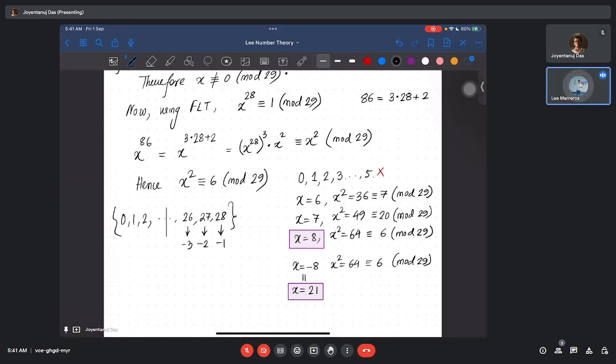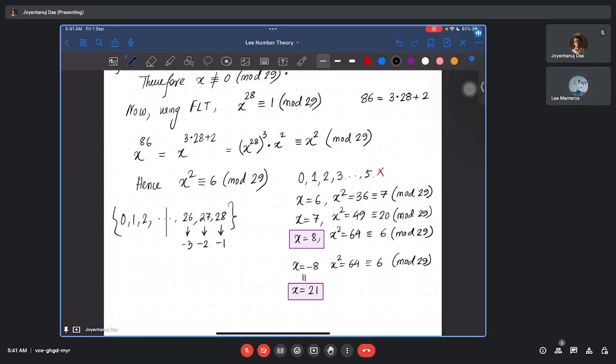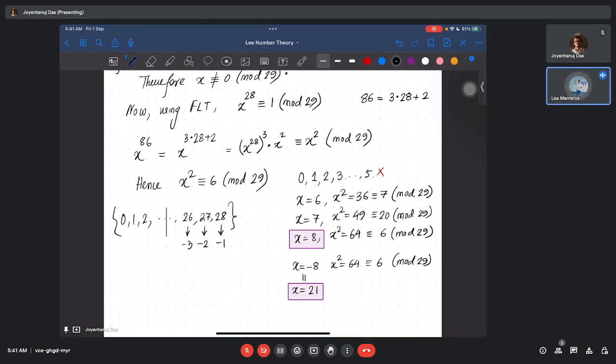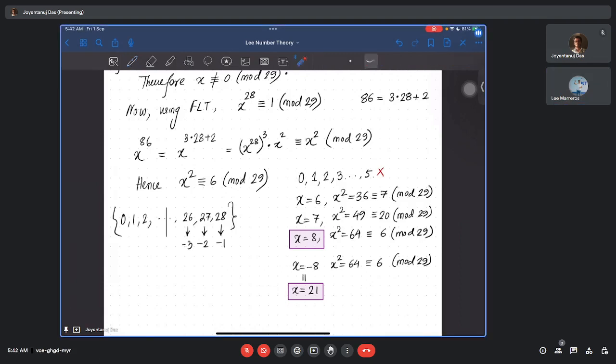It is symmetric about the middle, because 8 will work, -8 will also work, since we are looking at a quadratic congruence, x square. So remaining, I think you can check, but the remaining will not work. So this thing has only two solutions: one is 8 and one is 21 in modulo 29.